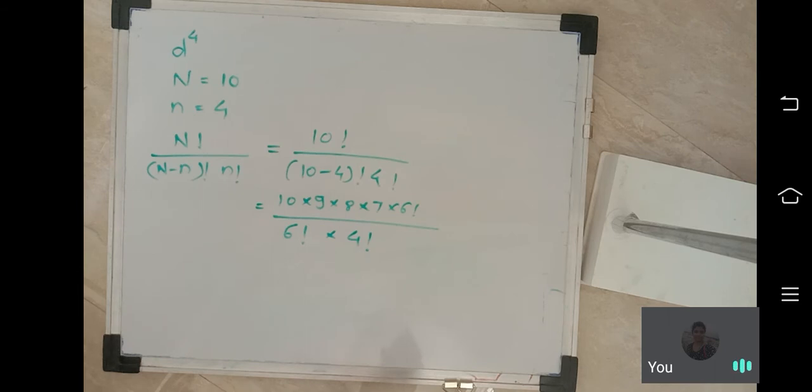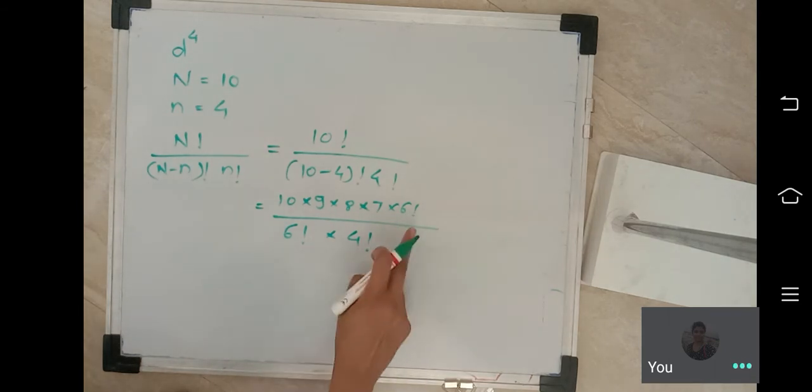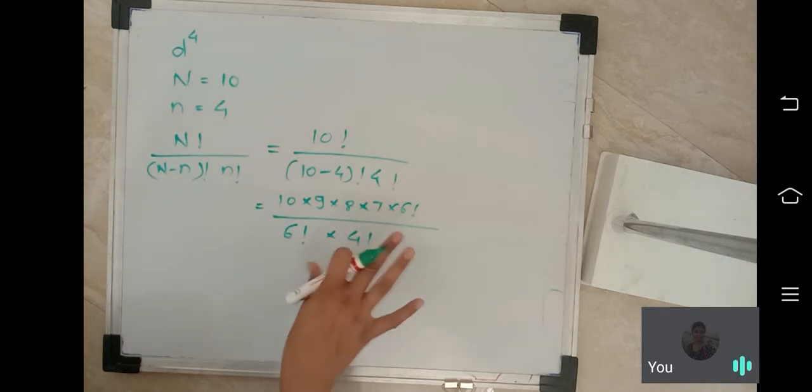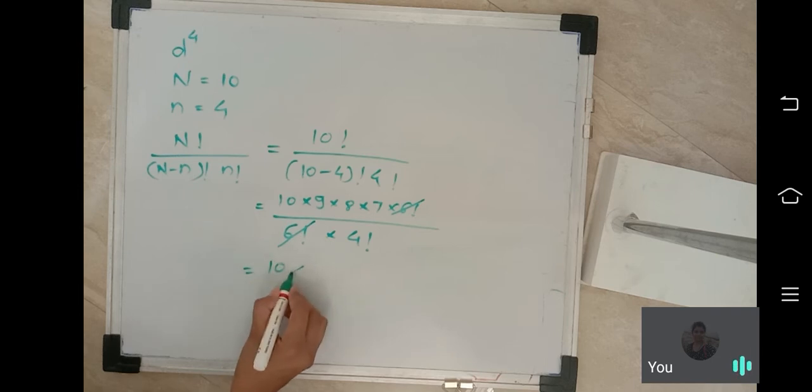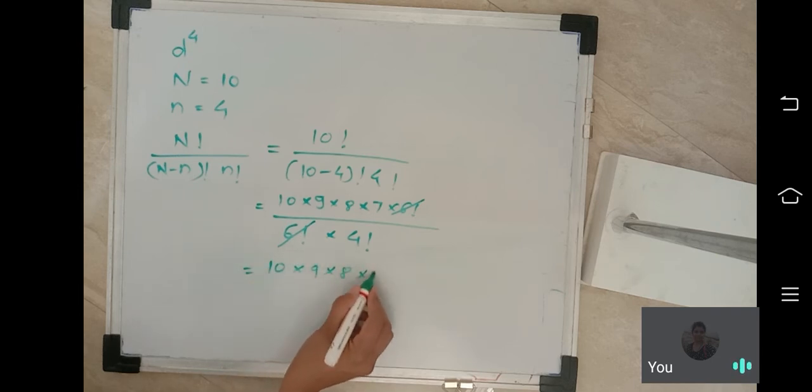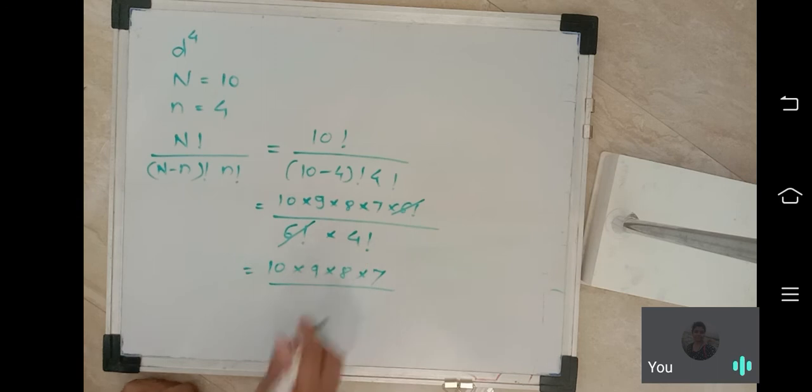The 6 factorials cancel each other, so we stop here. 10 into 9 into 8 into 7 divided by 4 factorial.